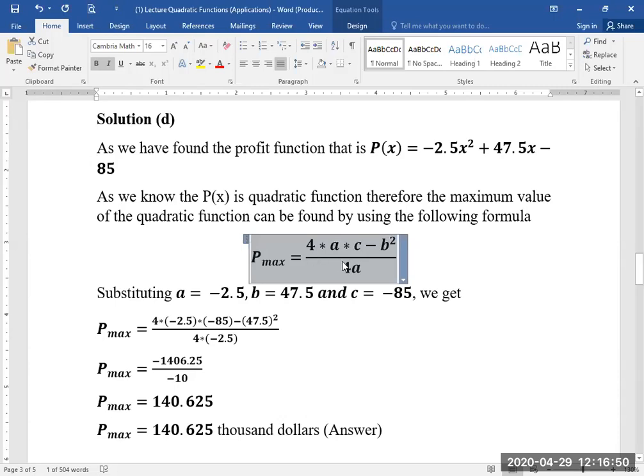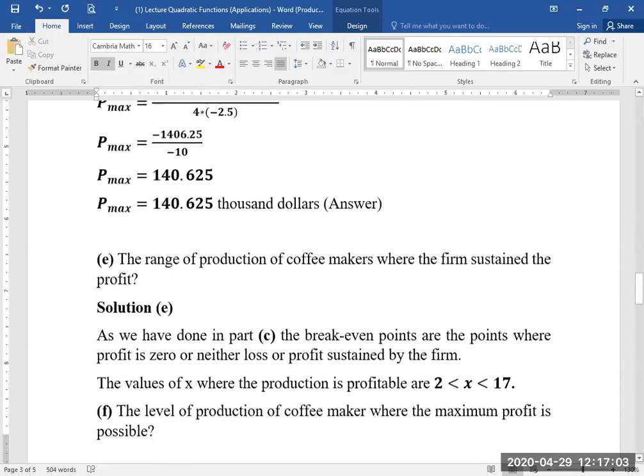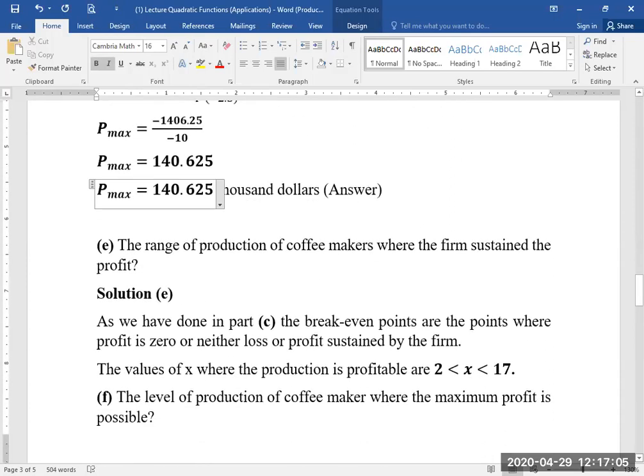Okay, students, now just substituting the values in this formula, we have obtained 140.625 thousand dollars. This is the maximum profit sustained by the firm. But we didn't calculate yet how much they have to produce for this level of profit.